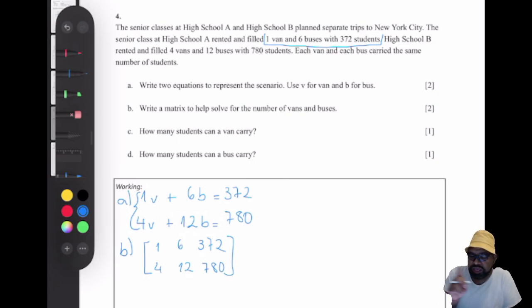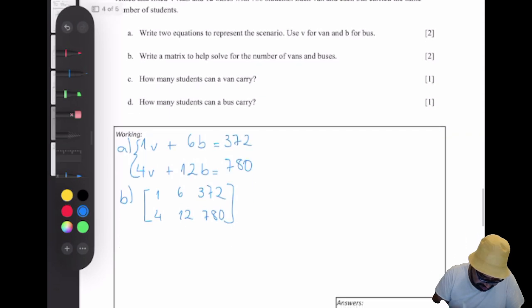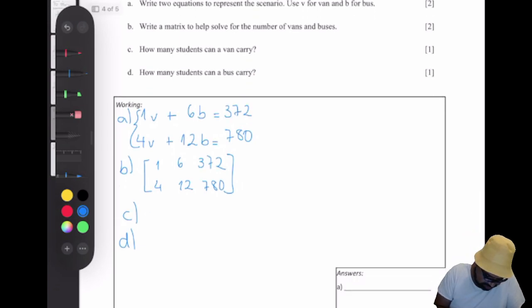Do not use the enter button here. You have to use the arrows, okay? Press 1, arrow, 6, arrow, 372, arrow, okay? Don't use enter. After you plug in everything, double check, enter, and you get the answer, which is C and D for us: the total of vans is 18 and the buses 59.